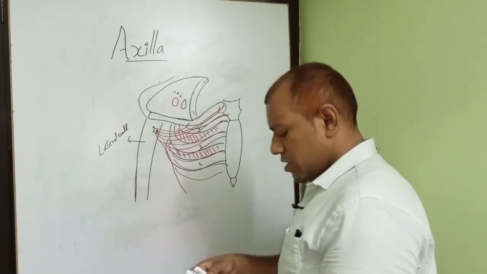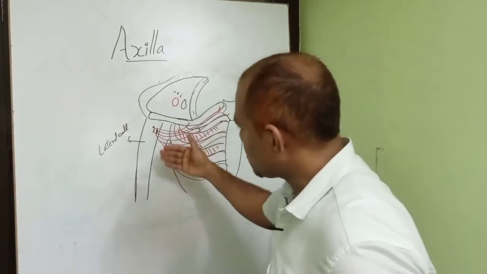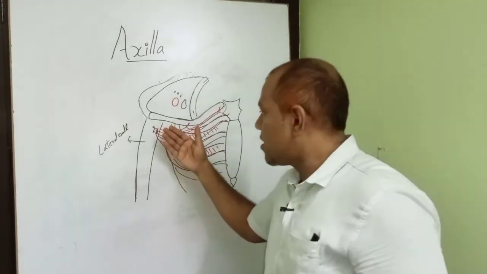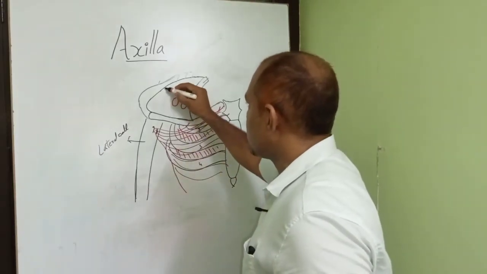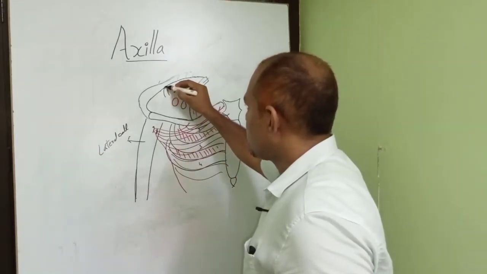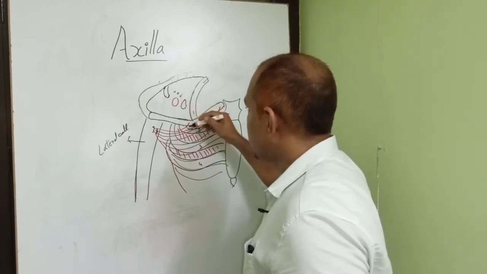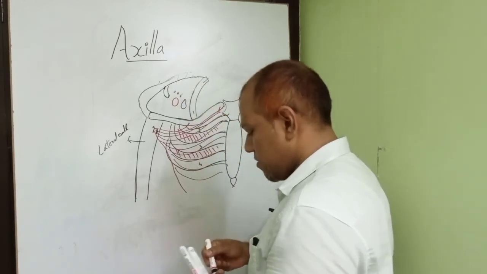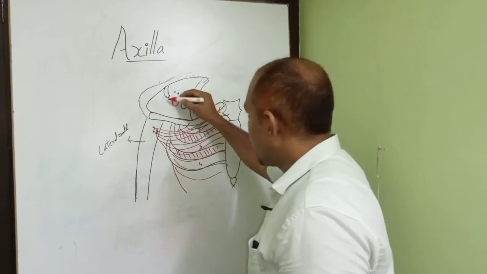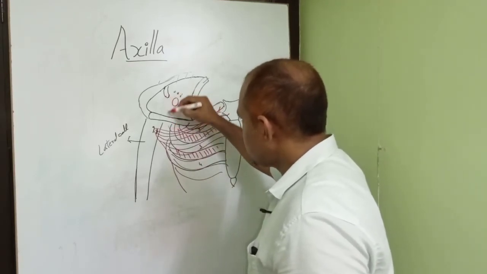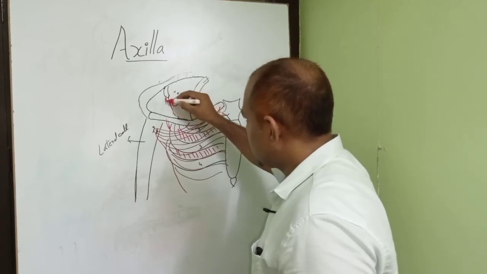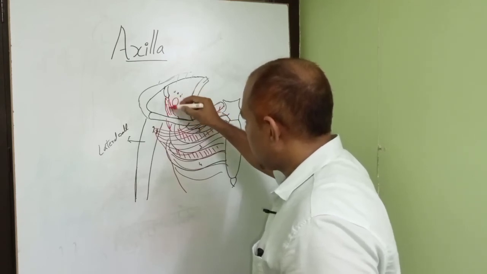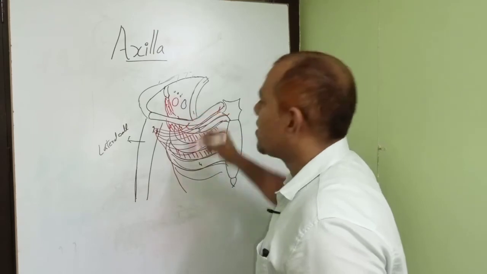And if you look at which muscle is present just underneath, that is the pectoralis minor. Here you can identify the coracoid process of the scapula, and the pectoralis minor, which arises from the 3, 4, 5 ribs and reaches the coracoid process, is also forming the anterior wall of axilla.